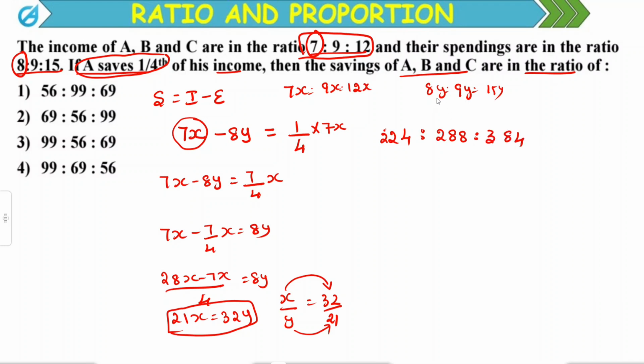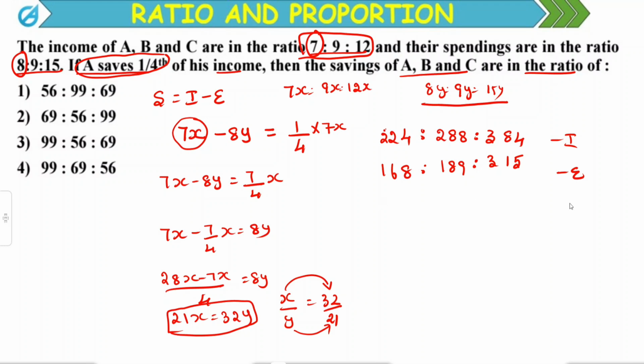This is the income. Next one, expenditure. What is the expenditure ratio? 8y, 9y, and 15y. So 8 into 21, you'll be getting 168. Next, 9 into 21, 189. Next one, 315.